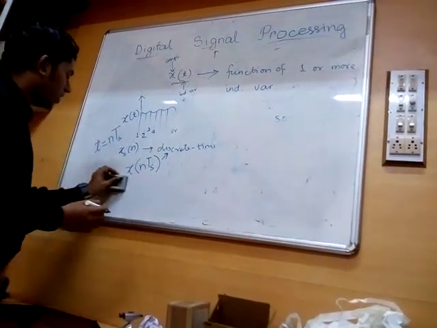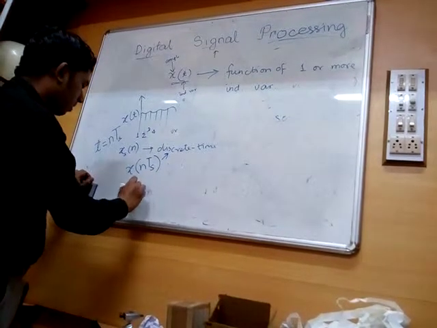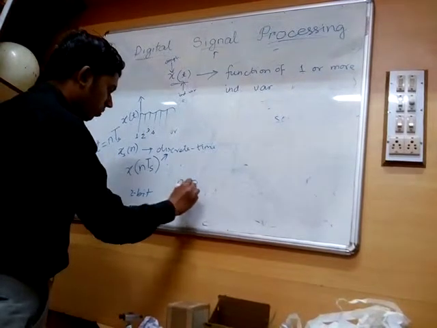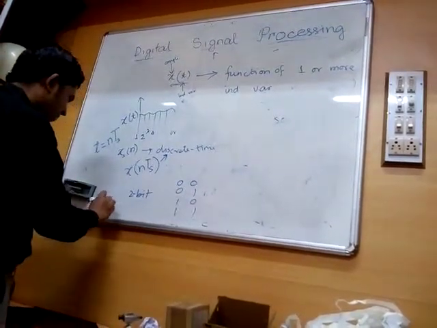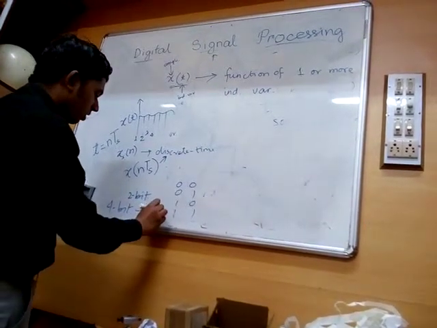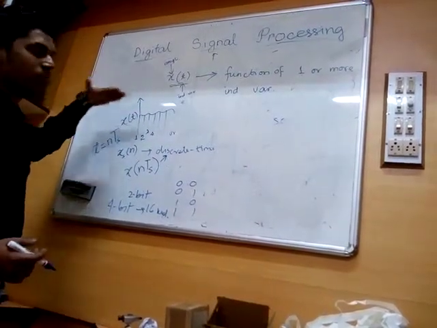If we want to implement this in 2-bit hardware, we can have 4 levels, 00, 01, 10, 11. Or we can implement in 4-bit hardware where we can have 16 such levels. So the idea is to have discrete amplitude levels.